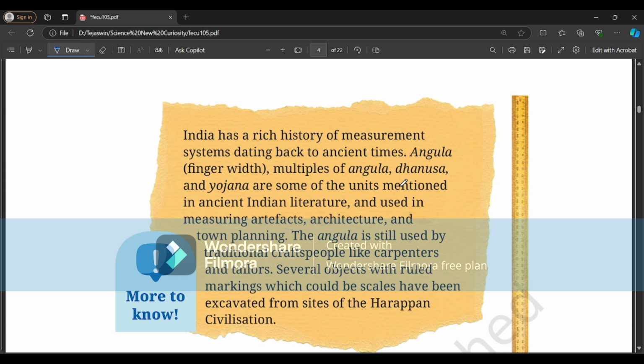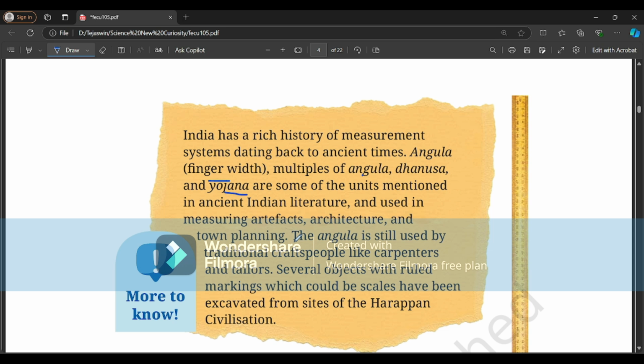Here we can see India has a rich history of measurement using systems dating back to ancient times. Angul, that is finger width, multiples of angul, dhanusa and yojan are some of the units mentioned in ancient literature and used in measuring artifacts, architecture and town planning.